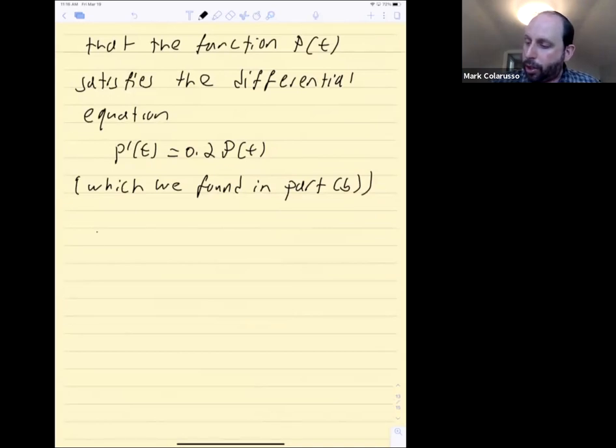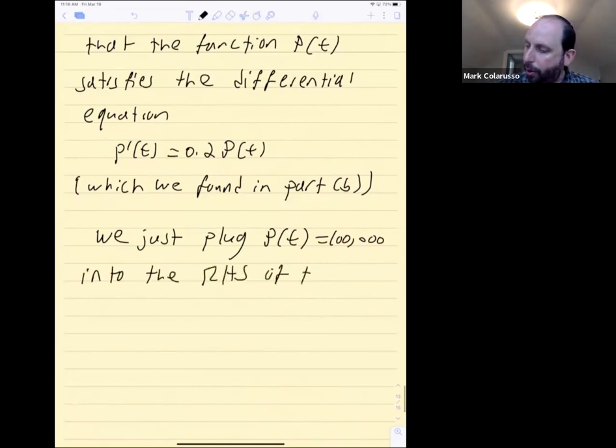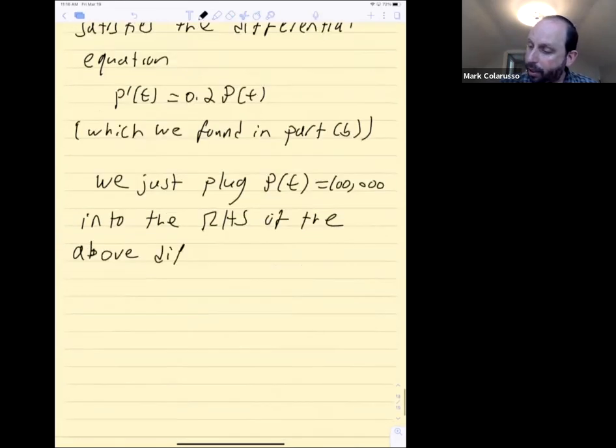So we just plug P of t equals 100,000 into the right-hand side, RHS, of the above differential equation.